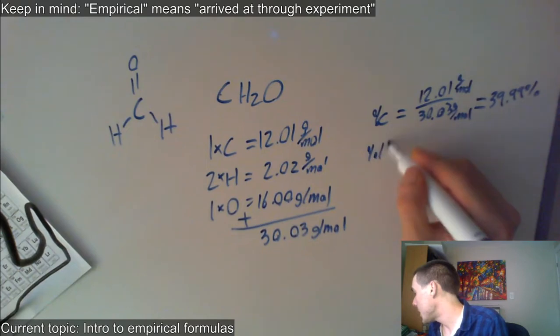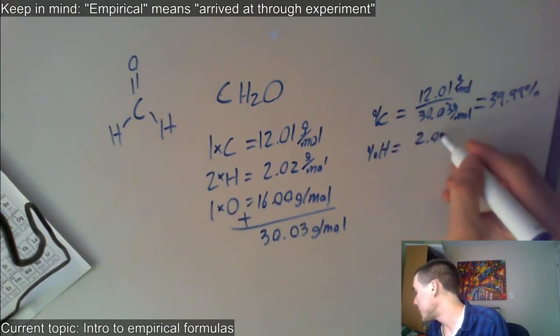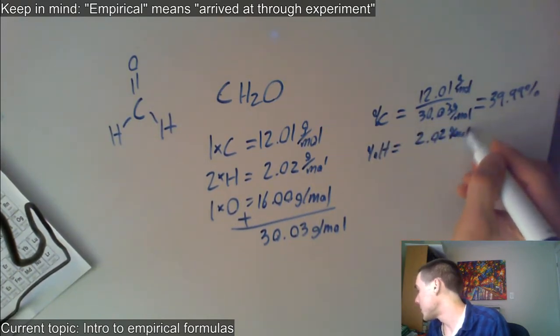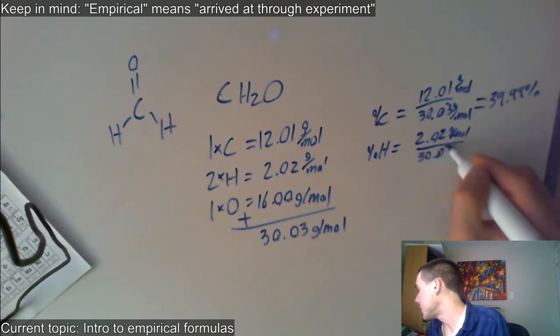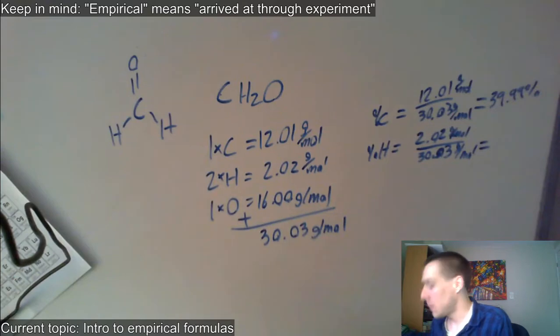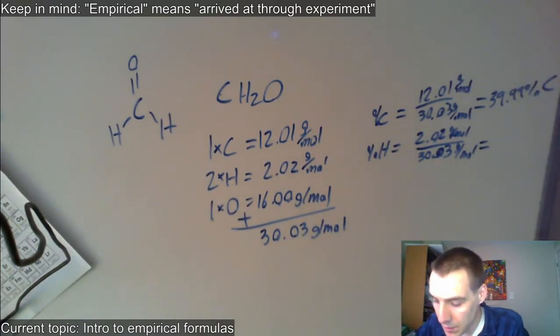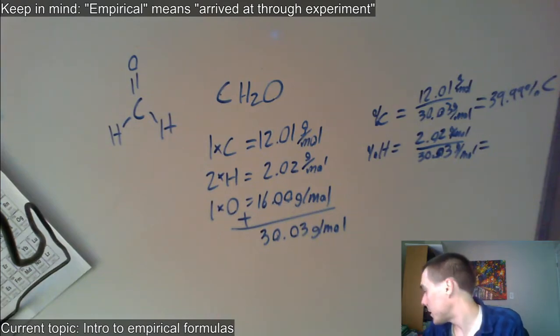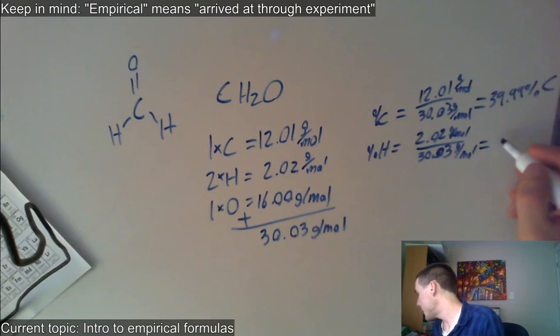Percent H is going to be 2.02 grams per mole over 30.03 grams per mole. So 2.02 divided by 30.03 gives 6.7.